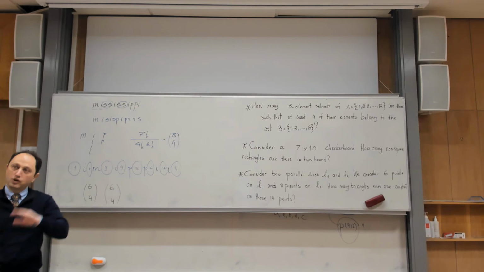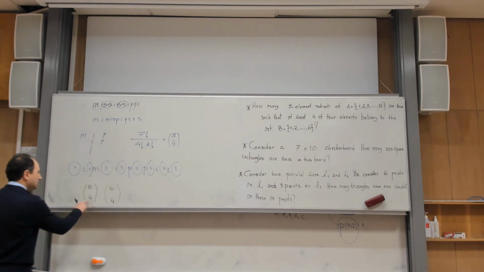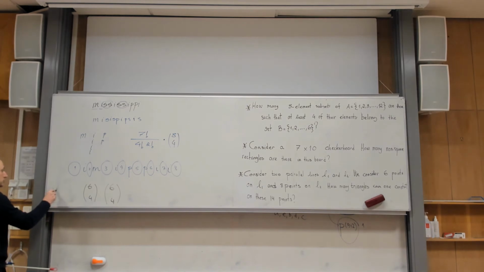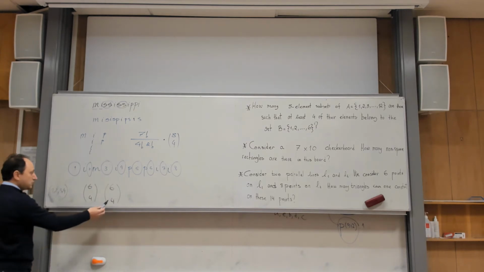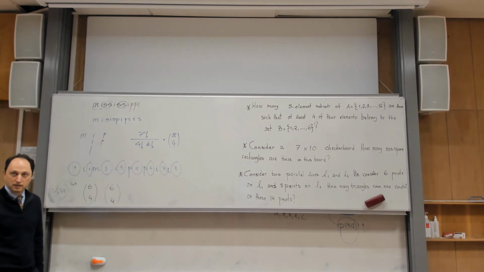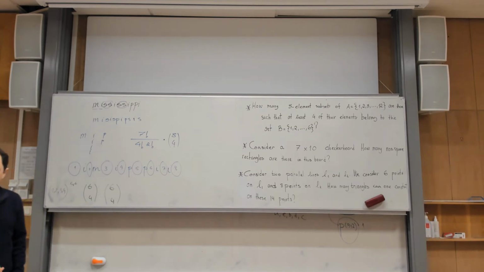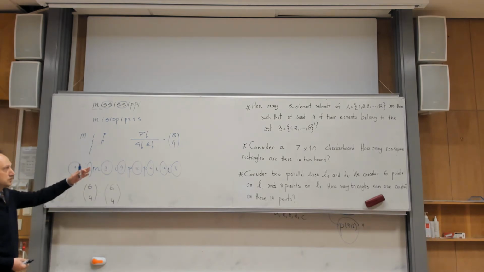Because if you say 4 out of 8, it means, for example, you might have chosen 1, 2, 3, and 4. If you write 8 from here, you have given the opportunity to 5 and 6 to be chosen again. And you are not allowed, because you want to count only 4 elements coming from B.